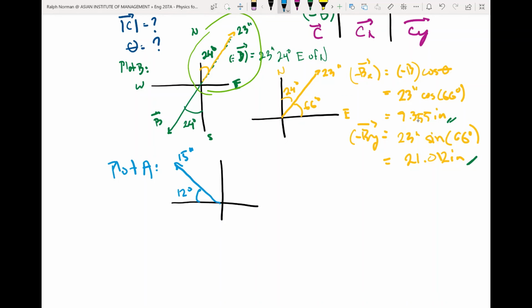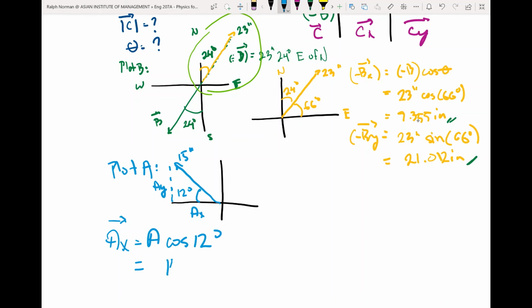Just for the sake of showing lang naman rin, AY here, AX, let's just use 12 degrees. A cosine 12 degrees. And that would yield what? 15 cosine 12.